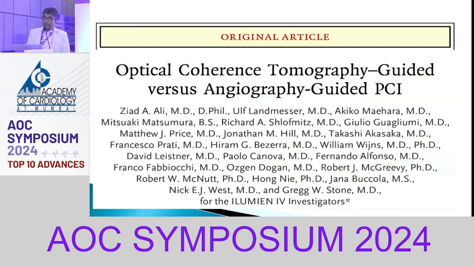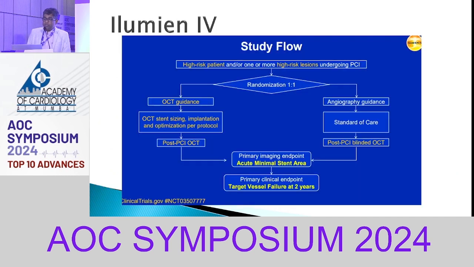Now this was again a very awaited trial, ILUMIEN 4, and after 1, 2, 3, everybody was hoping this would give a very good result. It's a very well-planned study actually, and Ziad Ali was the principal investigator. Randomization was 1:1, OCT guidance versus angiographic guidance.